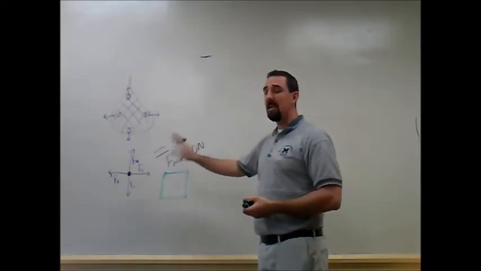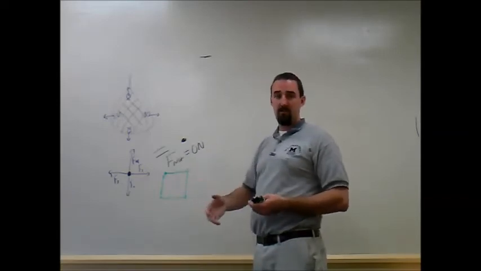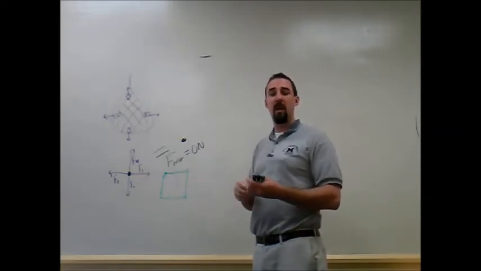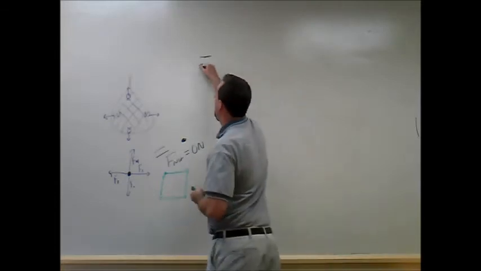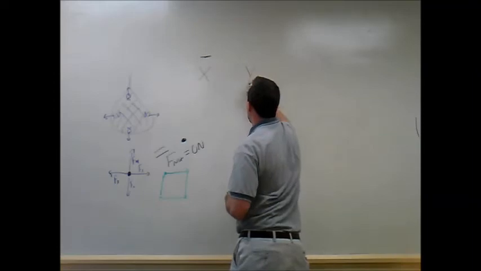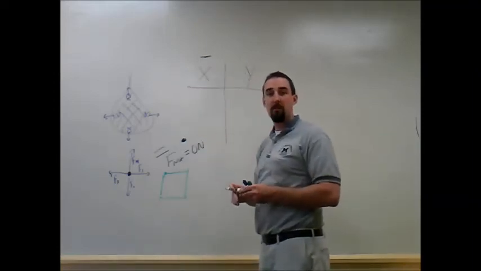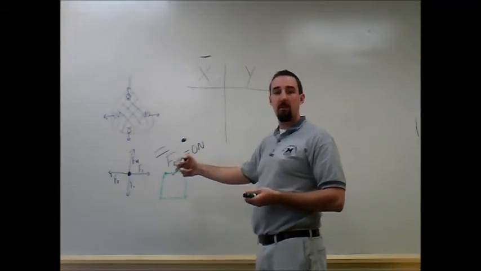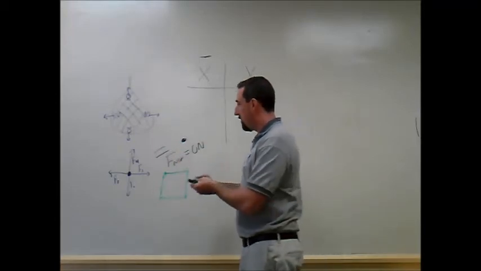So let's talk about a better way to do this. A better way that's going to be more systematic, more quantitative, and it's going to be more reliable is, instead of just drawing a picture, we're going to make a table. We're going to have an X and a Y column in this table, and we're going to separate this into two problems. So we take each one of those forces and we say, well, let's put it in the appropriate column. Well, let's start with F1.